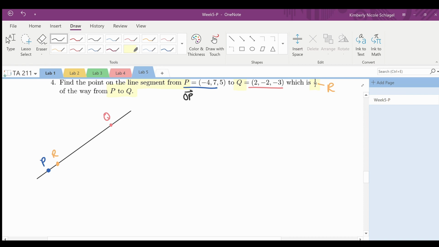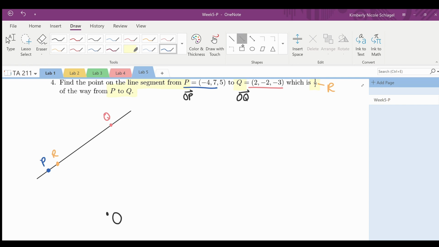So it's really more accurate to write OP and OQ here, starting from some origin and pointing to that point. I'll show you what you should do. Make sure that you draw an origin somewhere over here, because your vector is going to be pointing from the origin to your point.